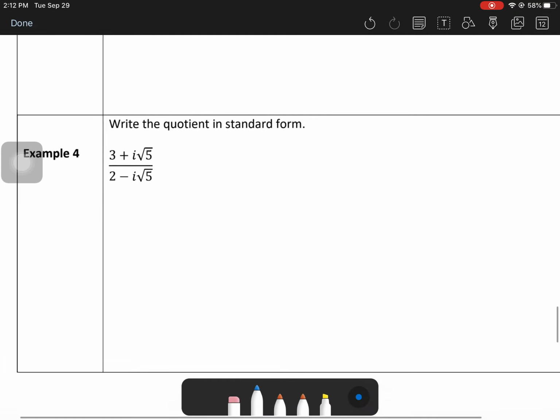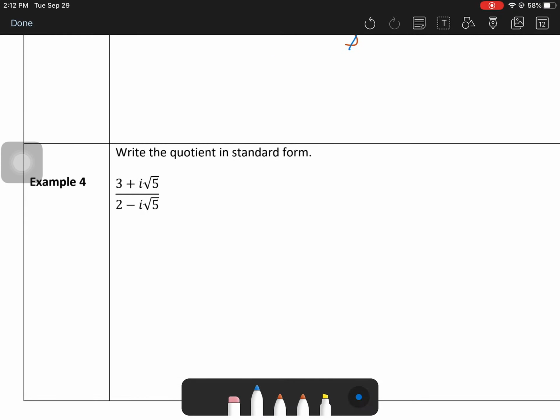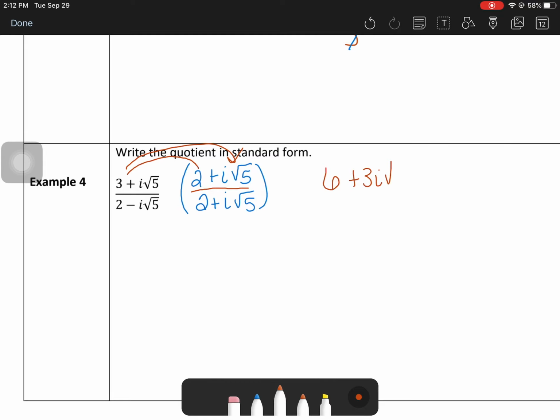In the next problem, we are going to multiply again by the complex conjugate, 2 plus i square root of 5, which is the exact same as the denominator, but we've changed the sign. 3 times 2 is 6. 3 times i square root of 5 will be 3i square root of 5. i square root of 5 times 2 will be 2i square root of 5.